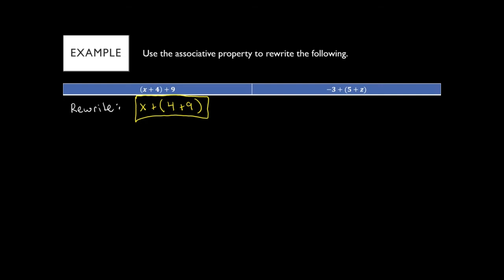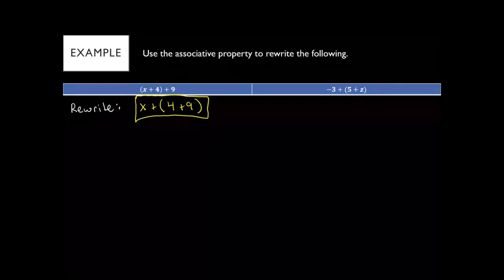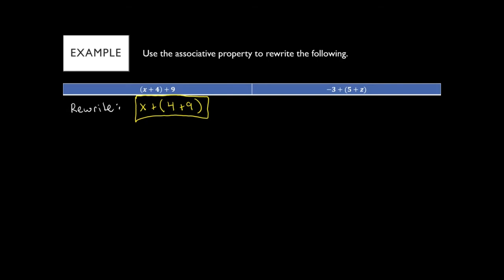Now, if you were told to simplify, so it doesn't actually say simplify, but if you were told to simplify, then you would go for another step and add what you can add together. So 4 plus 9 is 13. So if you were told to simplify, you would say it's x plus 13. You'd actually do that math, do that addition.